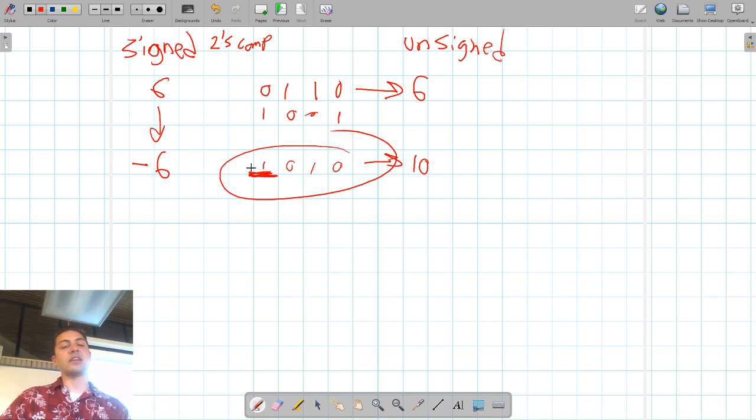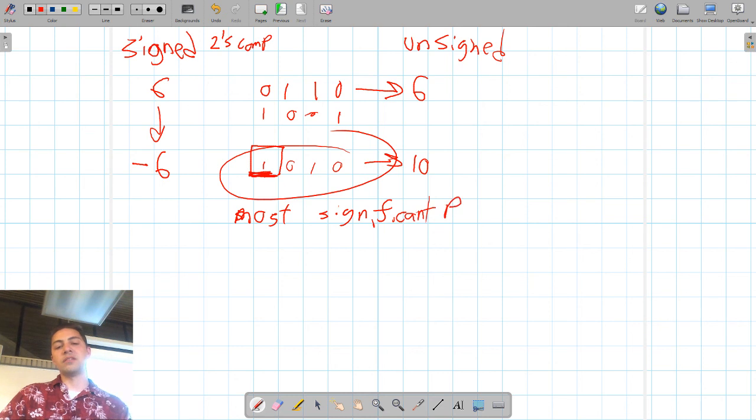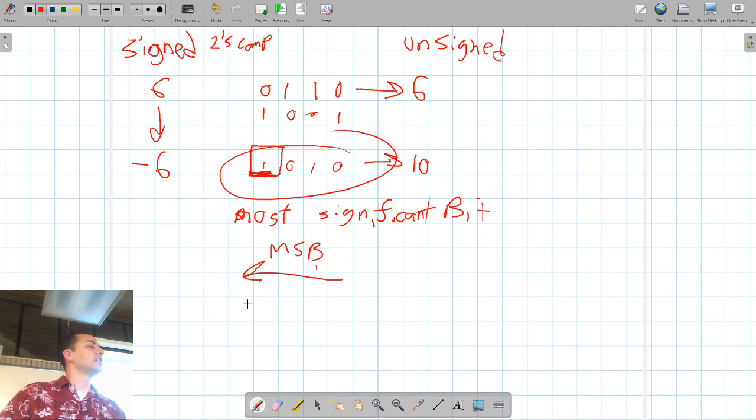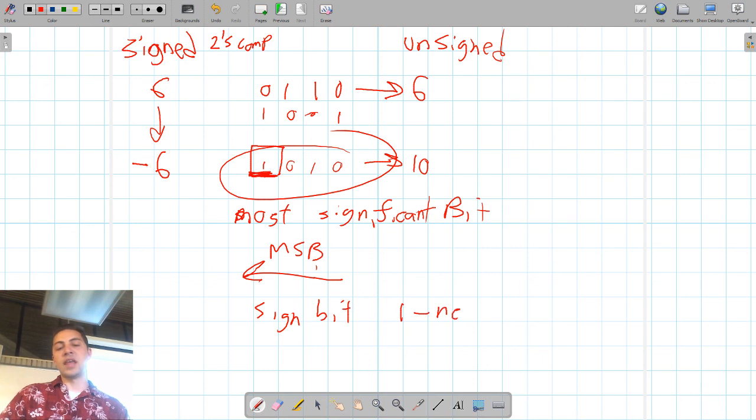If you are using signed numbers, the most significant bit, or MSB, which is the one all the way to the left, is an indicator of sign. It's the sign bit. 1 means negative, 0 means positive.